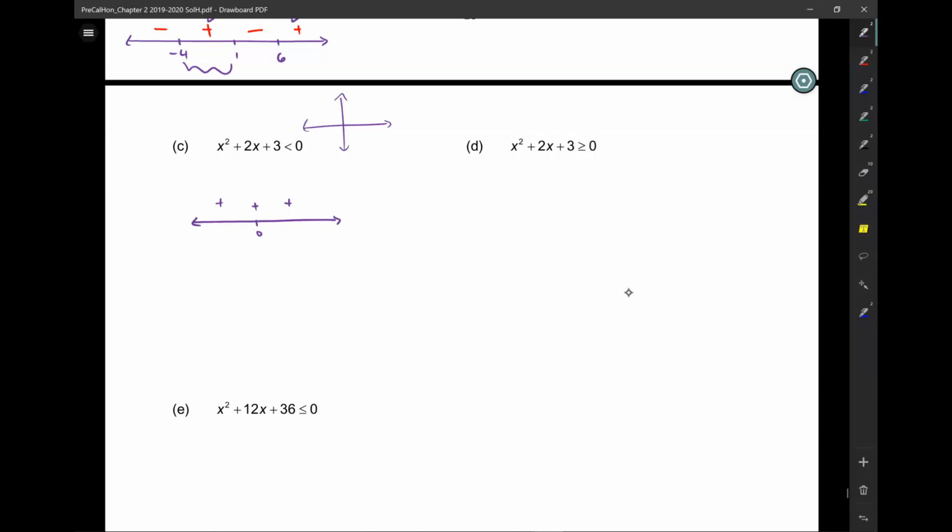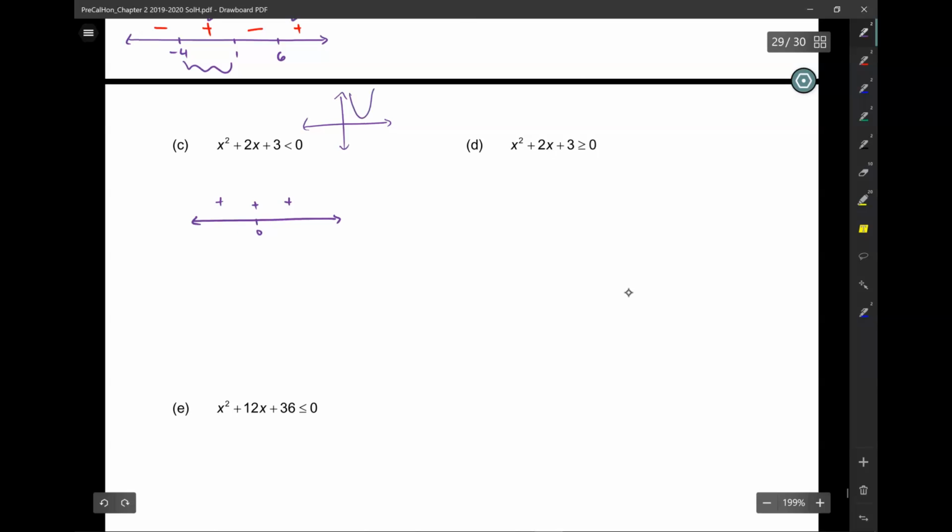Then 2 times that negative is never going to be enough to overpower it. So this is going to be positive always. That means it looks something like this. So now the question is, where is this function less than 0? No solution. No math involved, really. Okay?